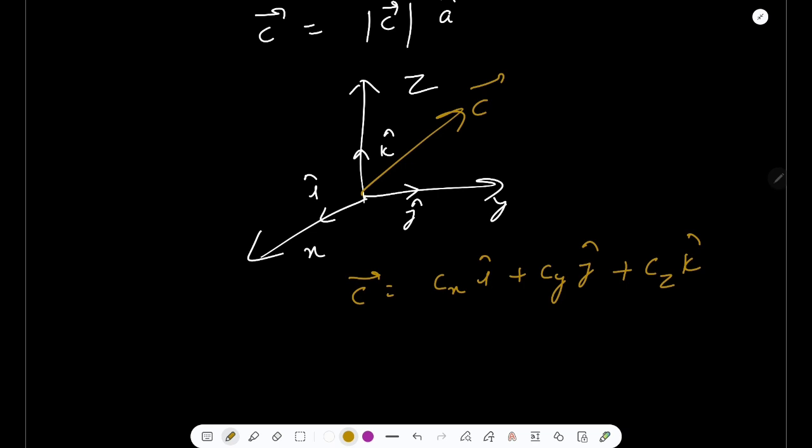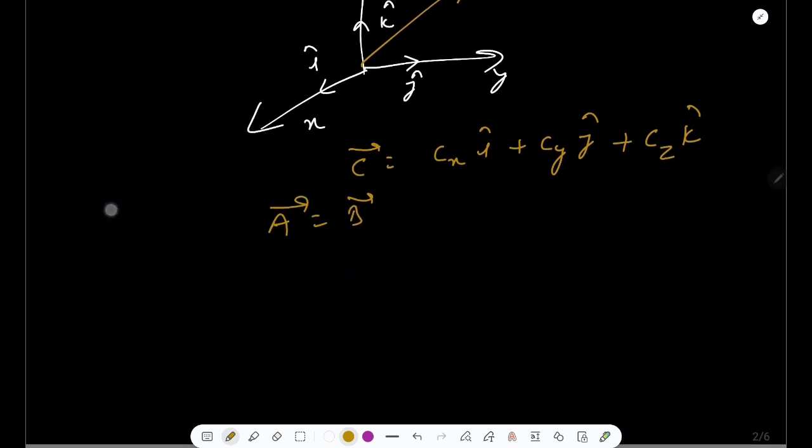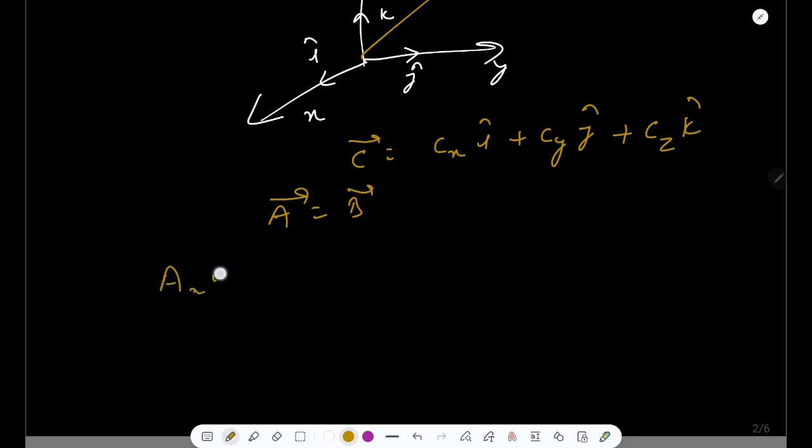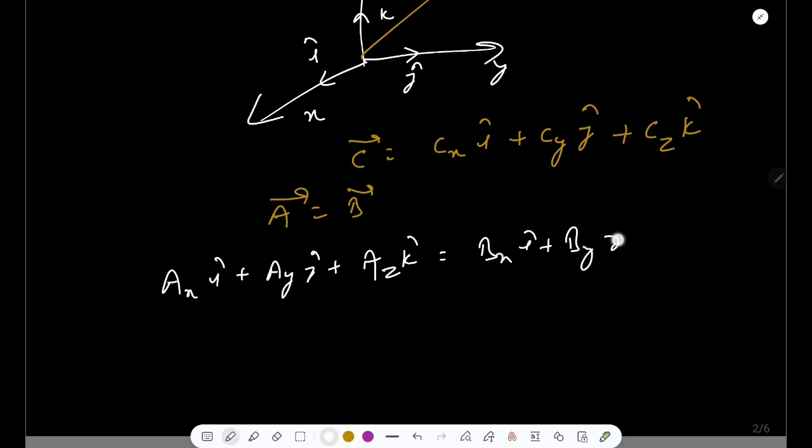And what I wanted to tell you earlier, I'm going to tell you now: if we have two vectors a and b such that vector a is equal to vector b, then this can be written as axi cap plus ayj cap plus azk cap, and that will be equal to bxi cap plus byj cap plus bzk cap.